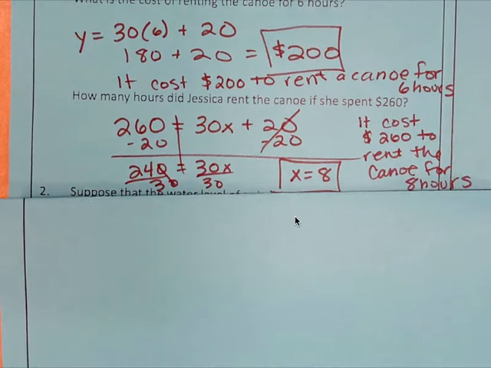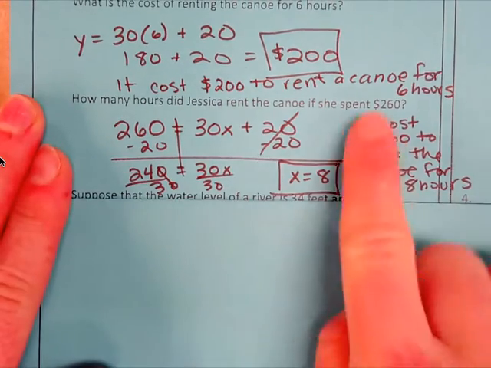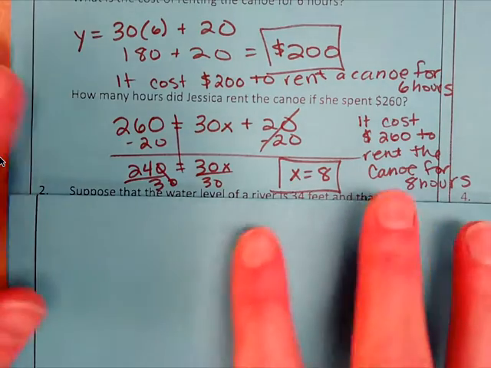Guess and check method is just fine though, especially if you have a problem like this on the EOC and you have answer choices. You're going to plug those in and see which comes out with the correct 260. So in words, it costs $260 to rent the canoe for 8 hours.